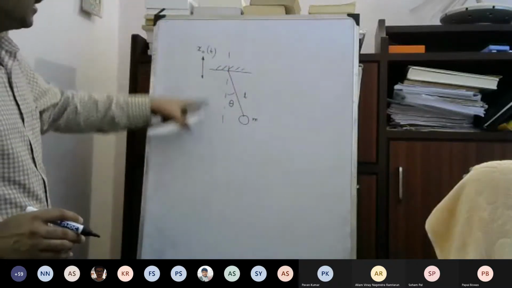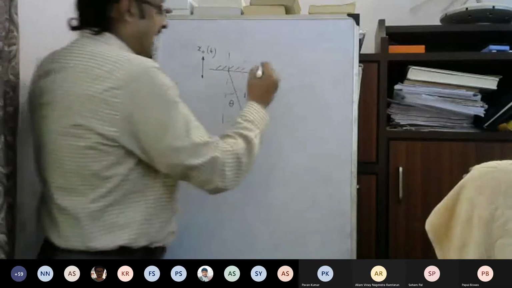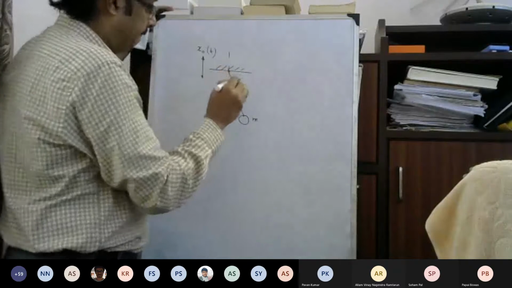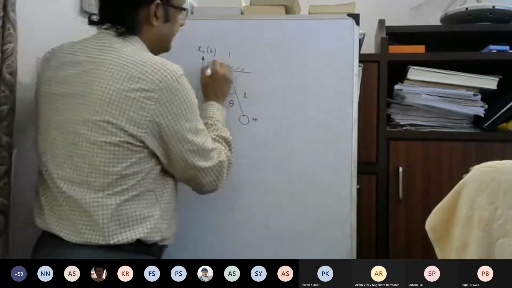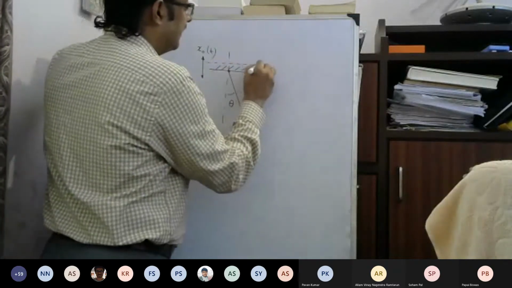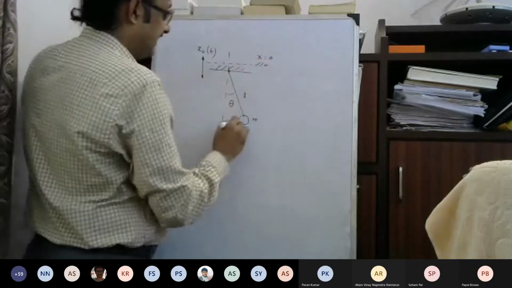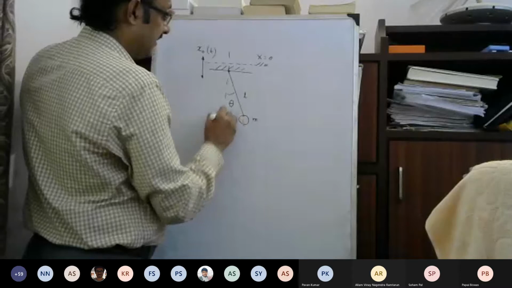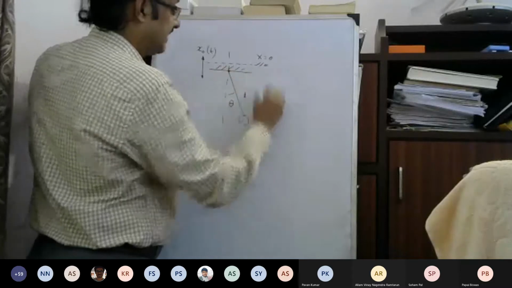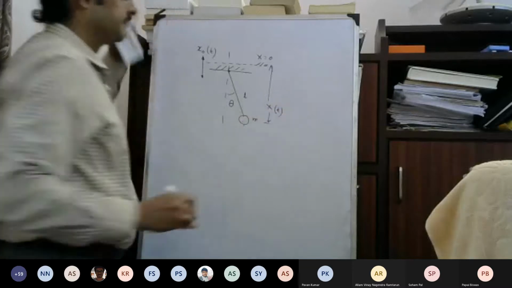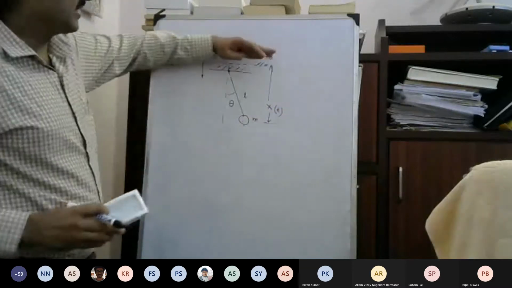Now this is the system. Let us say this is the reference point where x equal to 0, and I am measuring this position.